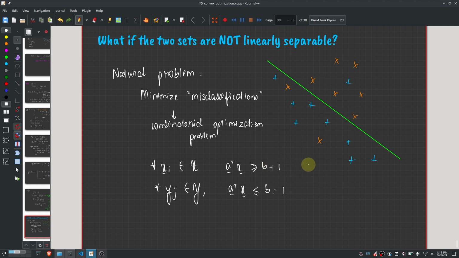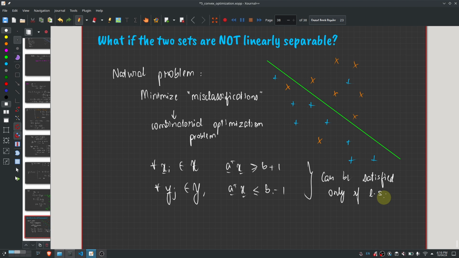This can be satisfied only if it is linearly separable.